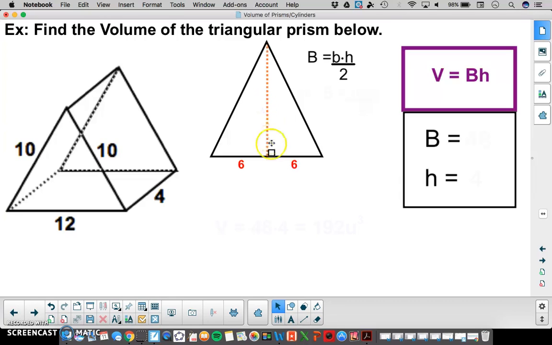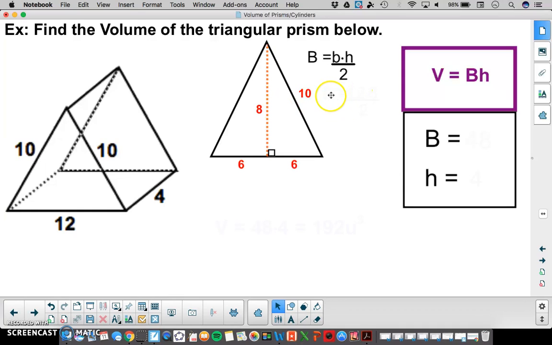And when we make that height, it cuts it into 2 pieces of 6 and 6. We don't know the height yet, but we do know the hypotenuse of this right triangle here is 10. We want to find that dotted line that represents the height of that triangle. So we can use the Pythagorean theorem to have 6 squared plus x squared equals 10 squared. Once we solve, we'll find that the height is 8.